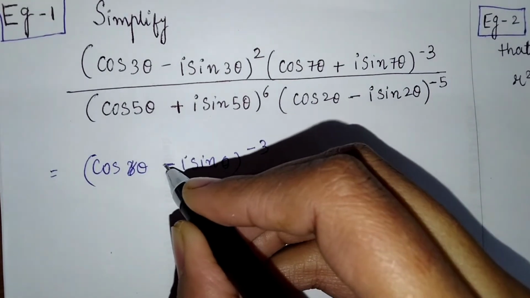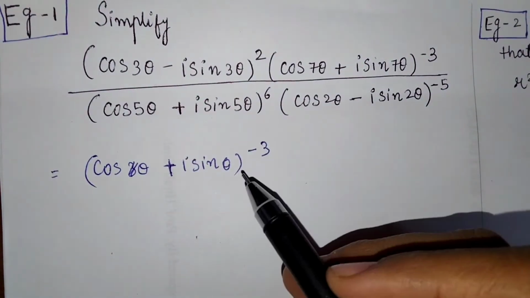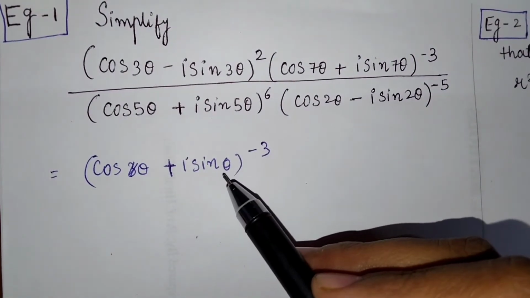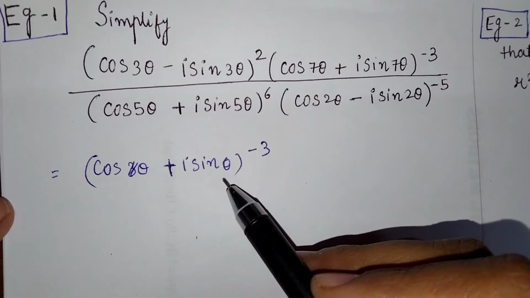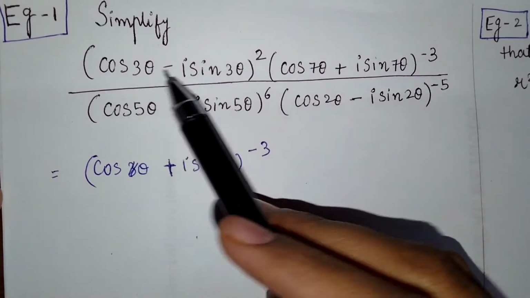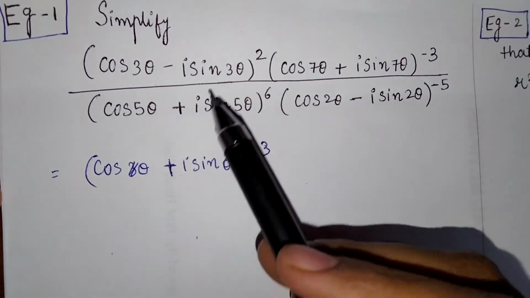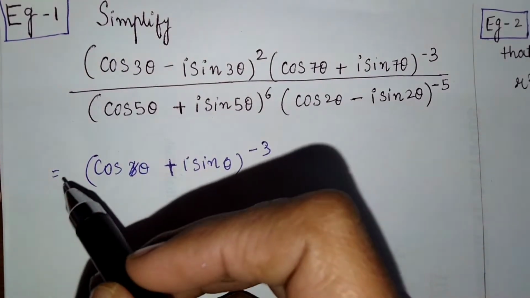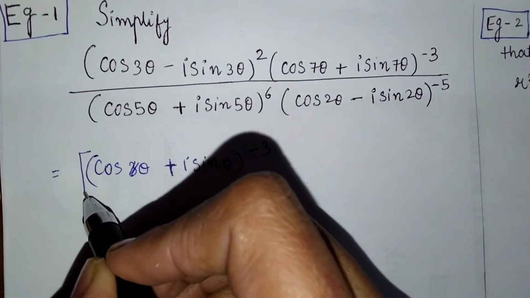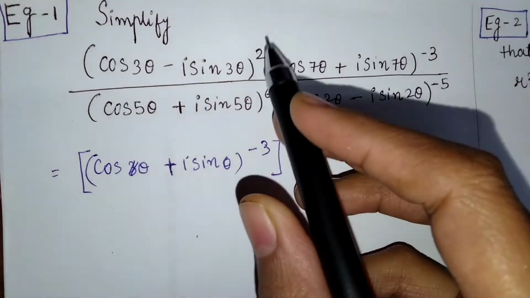So if I solve this according to De Moivre's theorem, then I will get this term cos 3 theta minus i sin 3 theta. So we have just written according to De Moivre's theorem, and the whole square is there as it is.